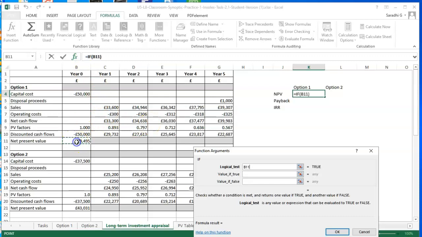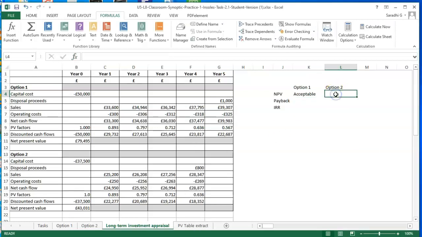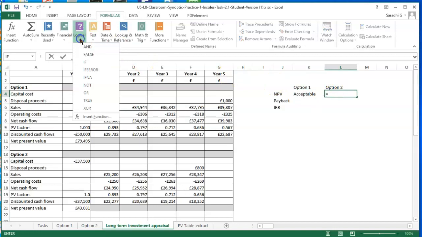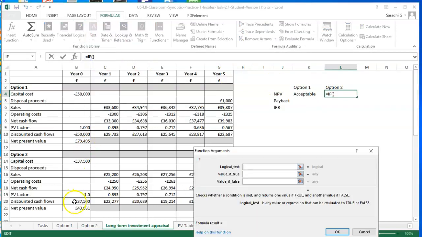So if B11 is greater than 0, you can say it is acceptable, otherwise it is not acceptable. Do the same for option 2 also: logical IF, B21 is greater than 0, then acceptable, or else not acceptable.